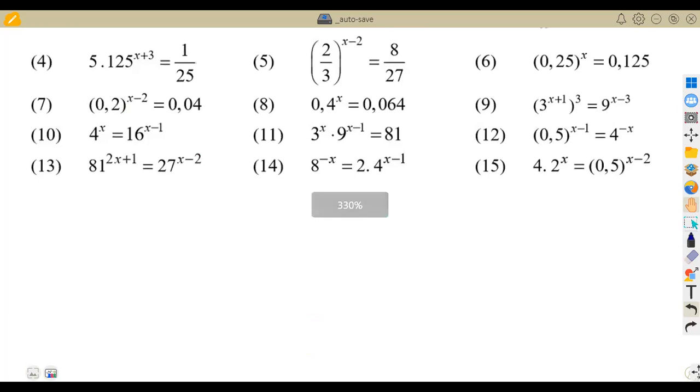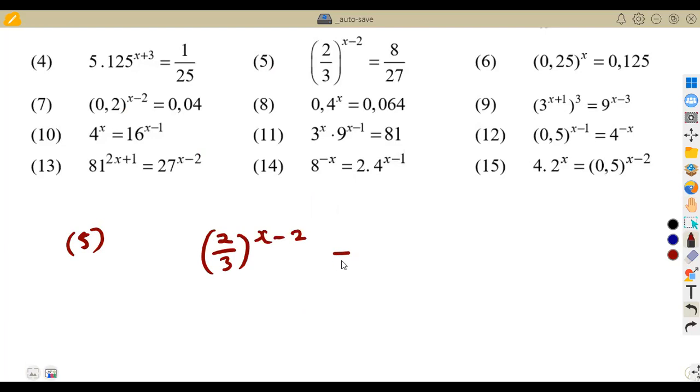If you check what is on number 5 there, there's something that you just need to understand on this question. 2 over 3 to the exponent of x minus 2 is equal to 8 over 27. If I analyze properly, because the condition, guys, please be careful about what I'm saying. What we just want is to have a condition of this nature.